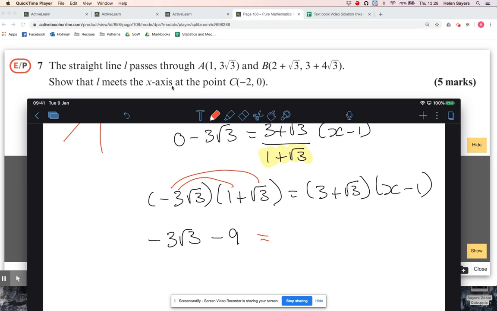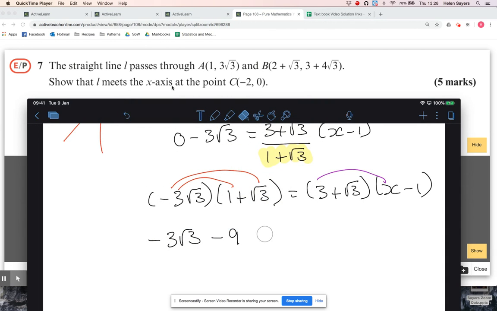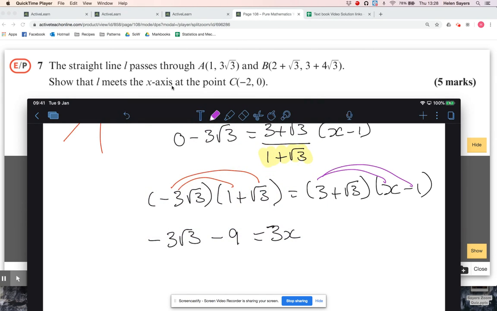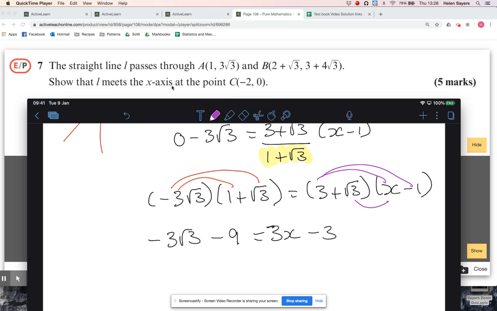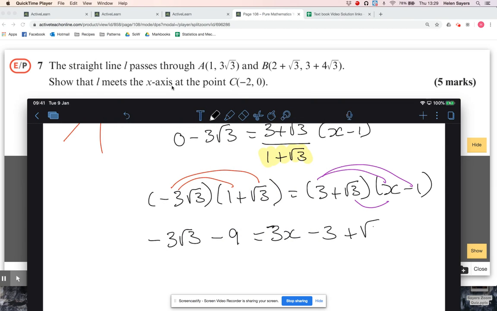So on the right-hand side of that equals, I've got 3 times x. So this is all just expanding out double brackets. So that's 3x. I've got 3 times minus 1. So that's minus 3. I've got root 3 times x. So plus root 3 x.